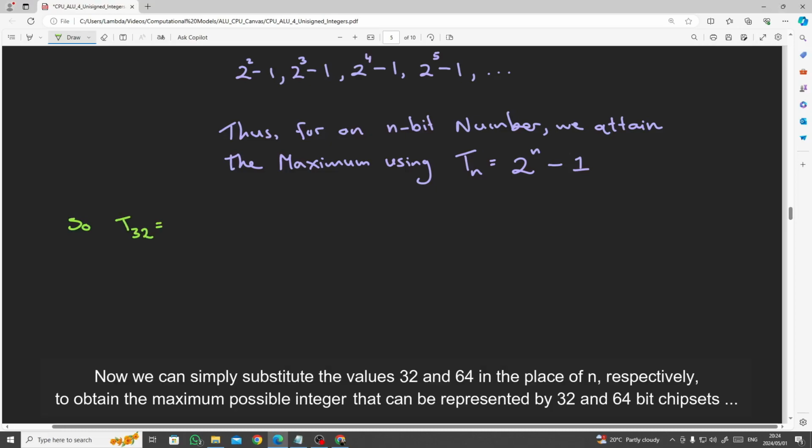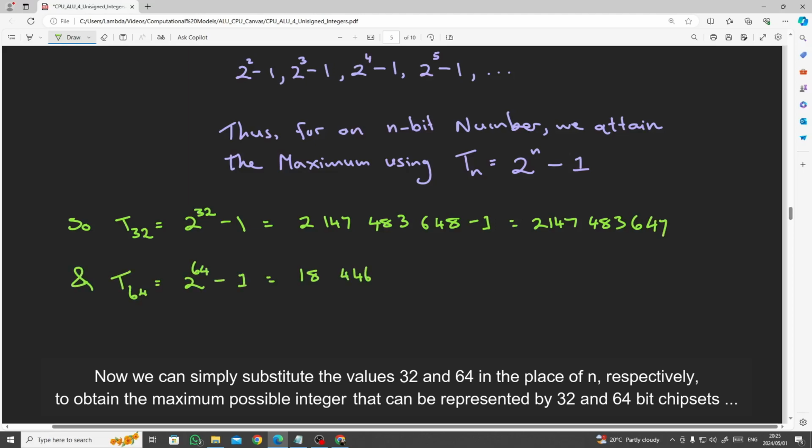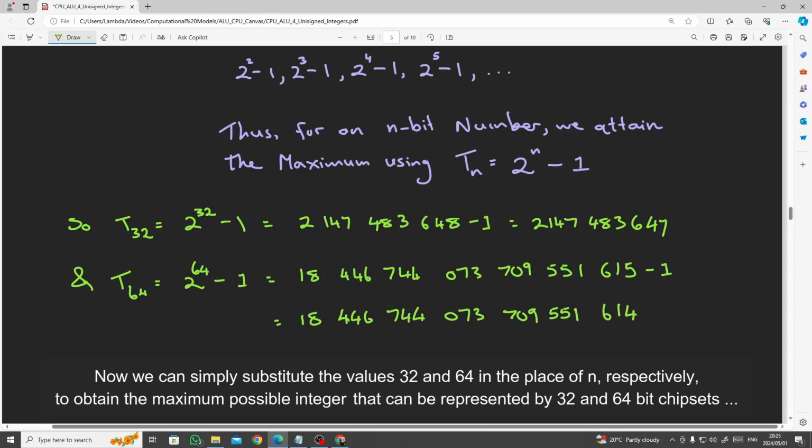Now we can simply substitute the values 32 and 64 in the place of n, respectively, to obtain the maximum possible number that can be represented by 32 and 64 bits.